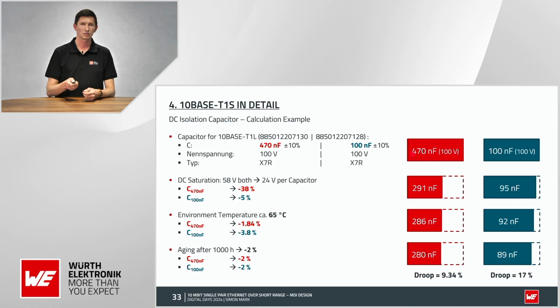But the 470 you can still use for the 10BASE-T1L, while a smaller capacitor would be saturated, changed in temperature, and after aging, lower than this 280 nanofarad, and then we are losing this margin and cannot use it for 10BASE-T1L according to the standard.